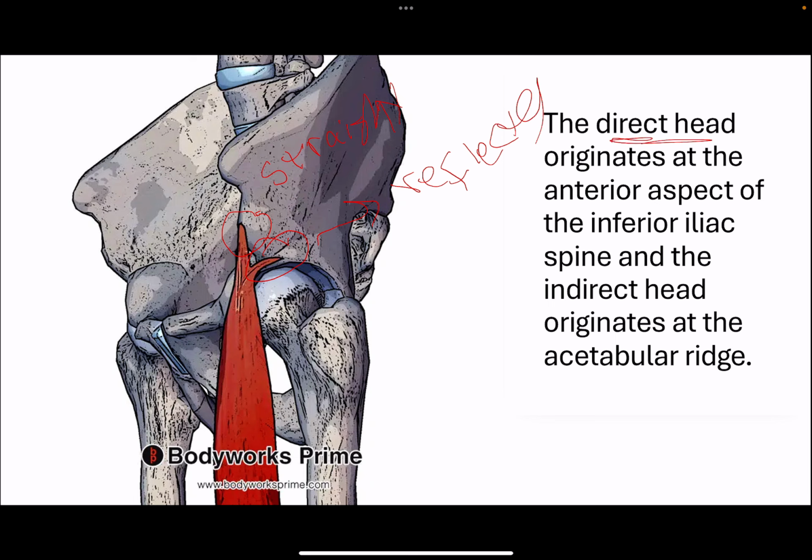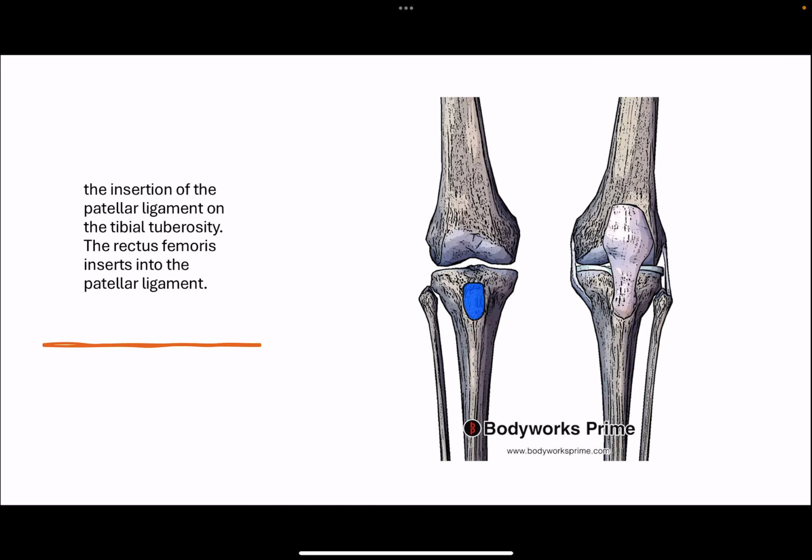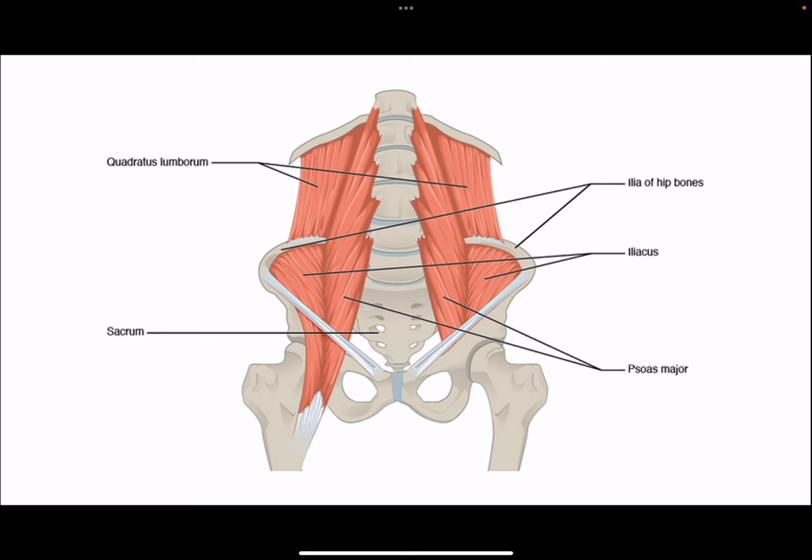The direct head originates at the anterior aspect of the anterior inferior iliac spine, and the indirect head originates from the acetabular ridge. It is inserted into the patellar ligament, and the patellar ligament inserts at the tibial tuberosity.